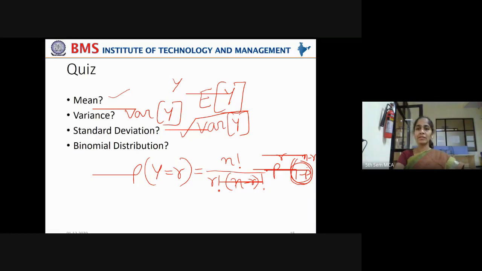This is called the binomial distribution. This is how you calculate the probability of r by using the binomial distribution, right?